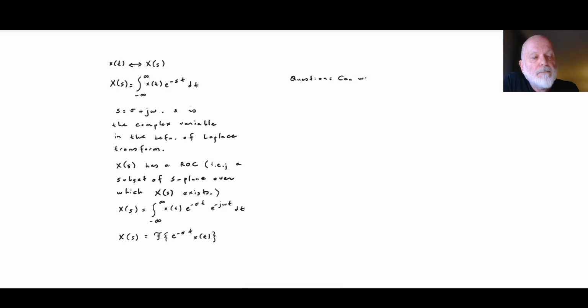Can we substitute s equal to j omega in X of s to obtain X of omega, which is the Fourier transform of x of t?